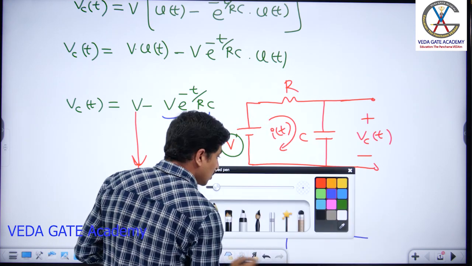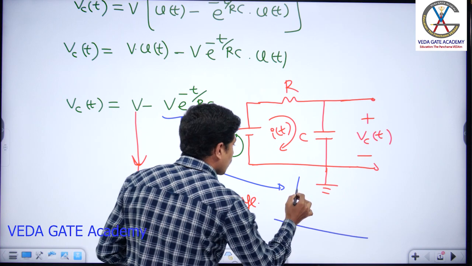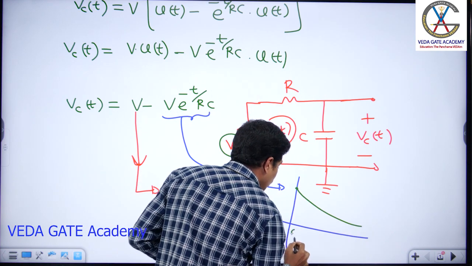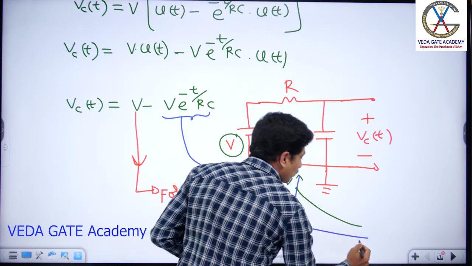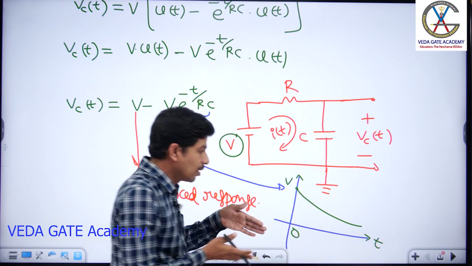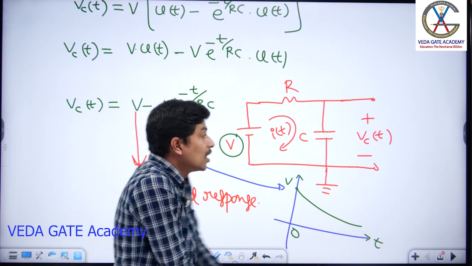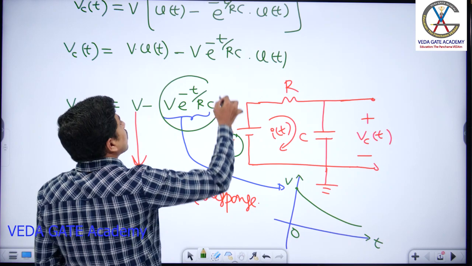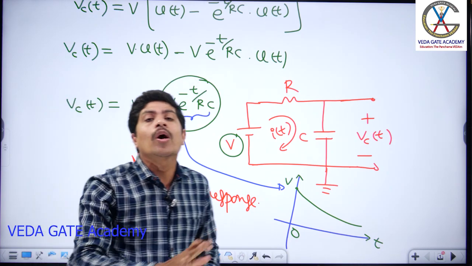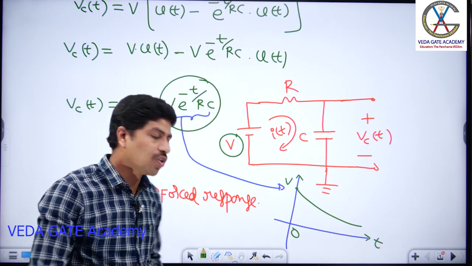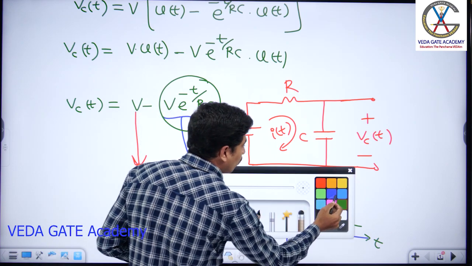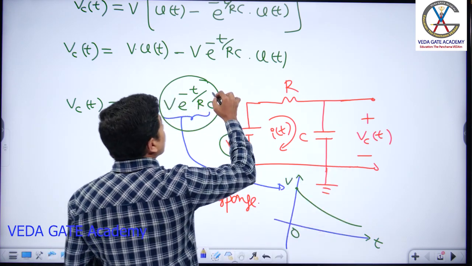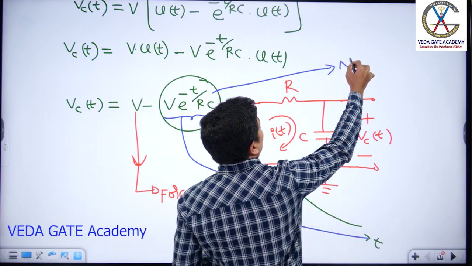This part of the response is not following the input. Please observe carefully. At t equal to 0, its value is V. As time t tends to infinity, it is going to become equal to 0. It is decreasing with respect to time. The part of the response which does not follow the input is called the natural response.